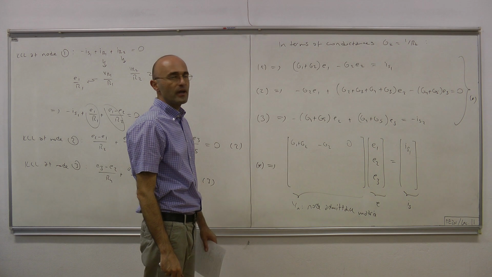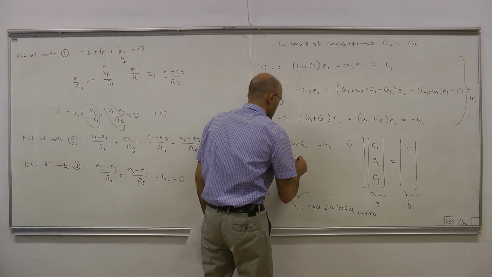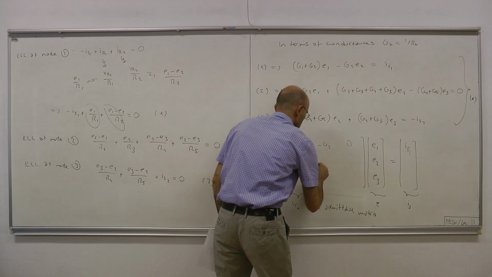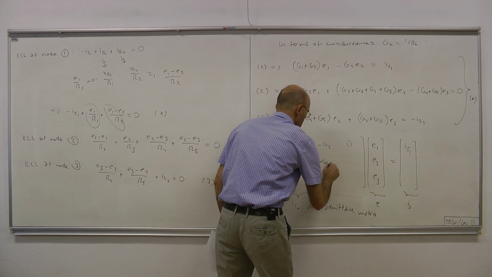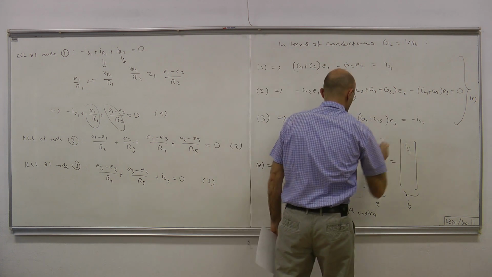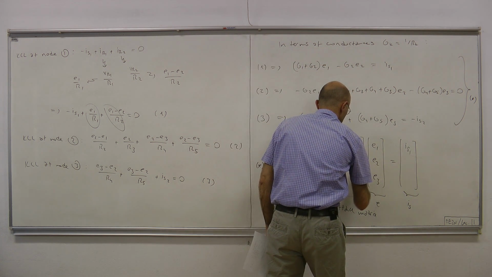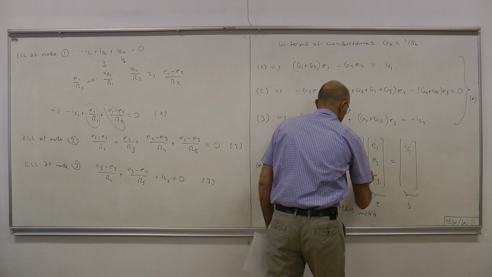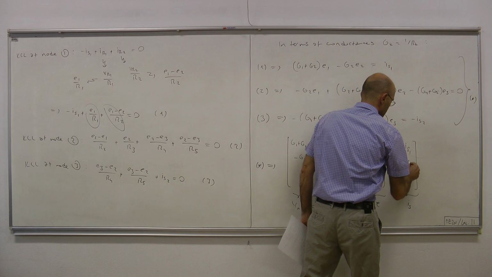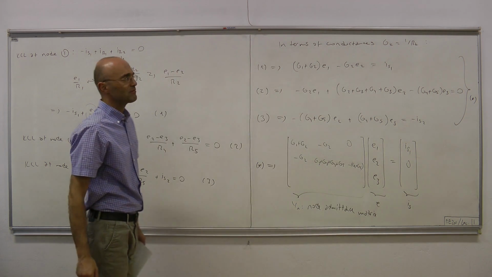For the second row, we look at the second equation. For E1, we have minus G2. For E2, we have this big term, G2 plus G3 plus G4 plus G5. For E3, we have minus (G4 plus G5). And right hand side is 0.